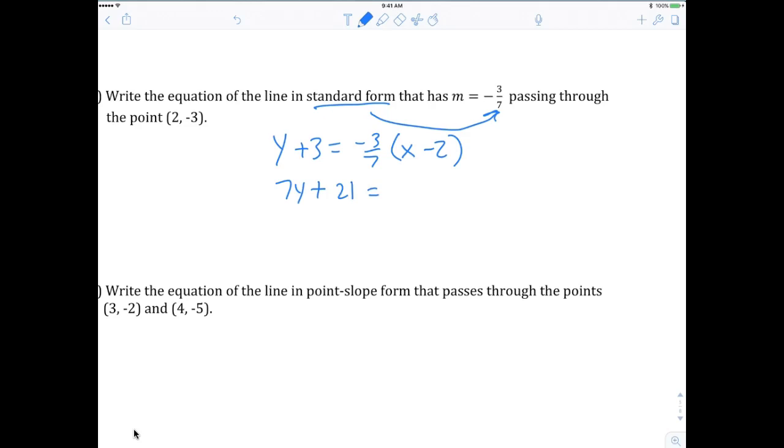Then distribute a -3. Right? Because if I multiply this side by 7, those cancel. -3x plus 6. Awesome. 7y plus 21 equals -3x plus 6.